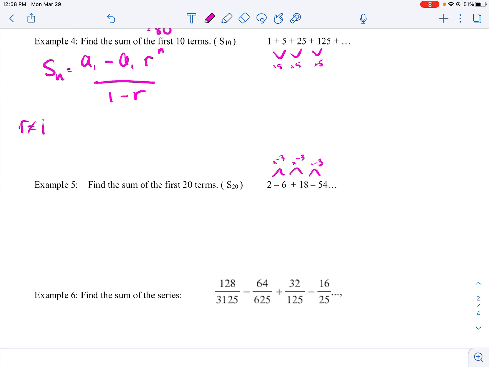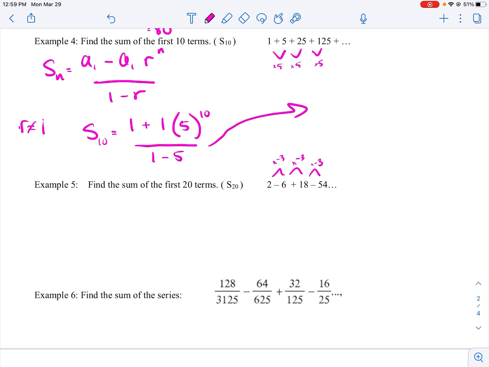So anyway, what's nice about this one, though, is all we need is our first term and what we're multiplying by, and then in this case, our term number, which is 10. Okay? So S of 10 is equal to our first term plus 1 times 5 raised to the 10, all over 1 minus 5.